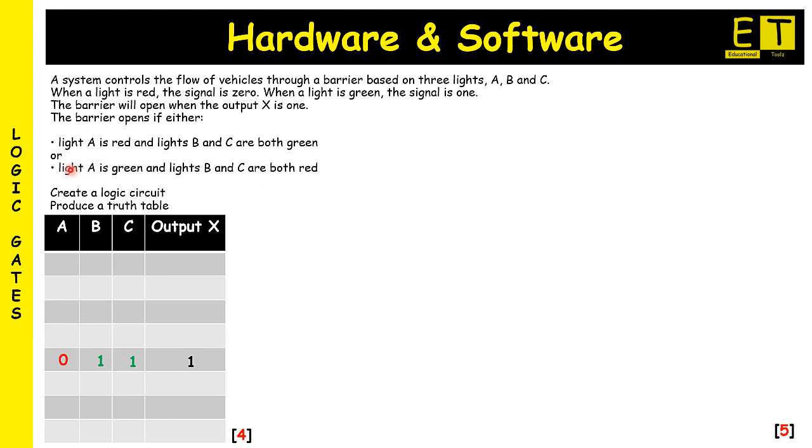The second condition tells us light A is green and light B and C are both red. So we've got 0 in B, 0 in C, and then the output would be 1 also. Now let's break this down even further.